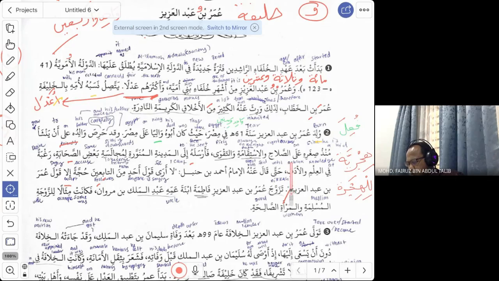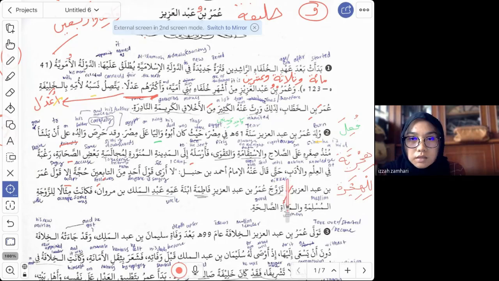Okay, so what does it mean here? Can I give the meaning from the previous sentence as well? Yes. His father sent him to Madinah al-Munawwarah to learn from some of the Sahabah, seeking their knowledge and polite manner.